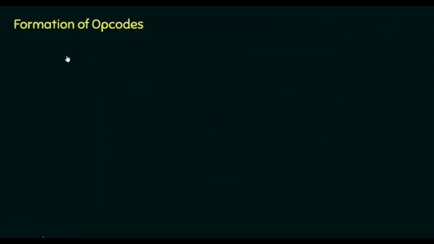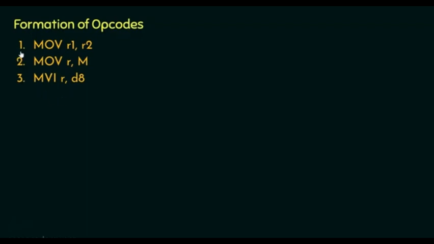Now in order to learn about the formation of opcodes, today I am going to use three different types of instructions, and they are MOV R1, R2, MOV R, M, and MVI R, D8. The reason why we are taking these three different types of instructions is these are of different sizes.